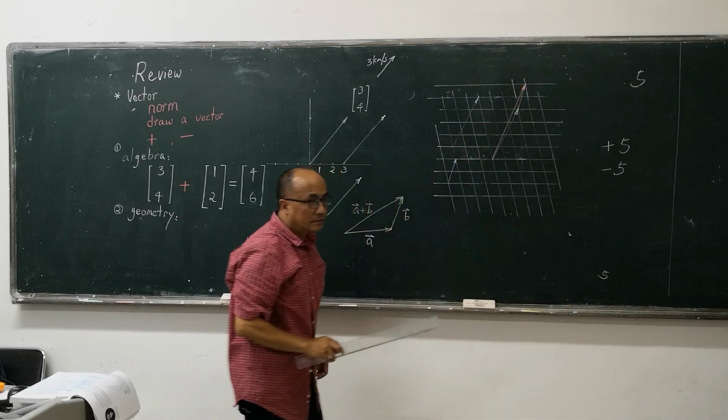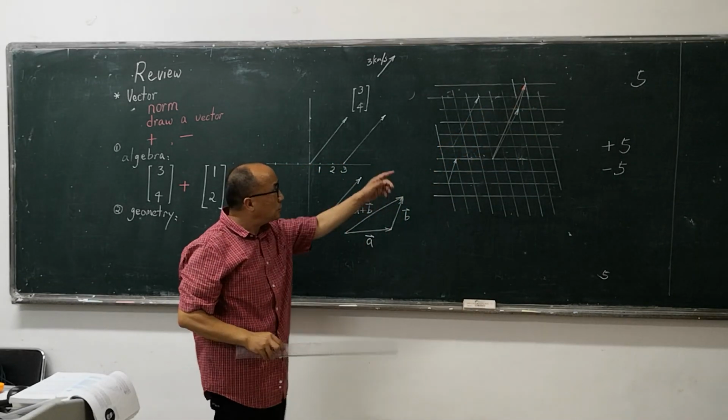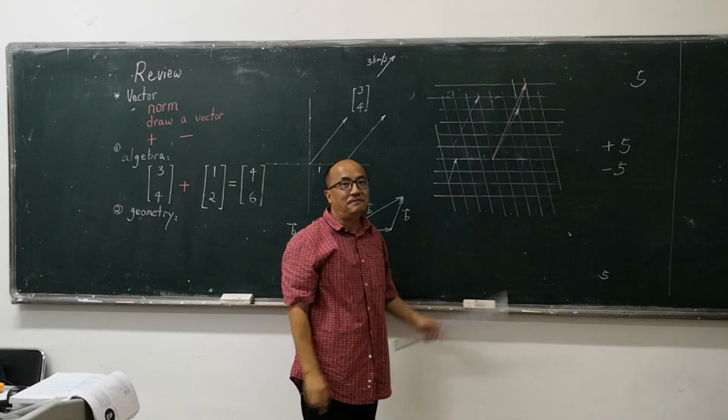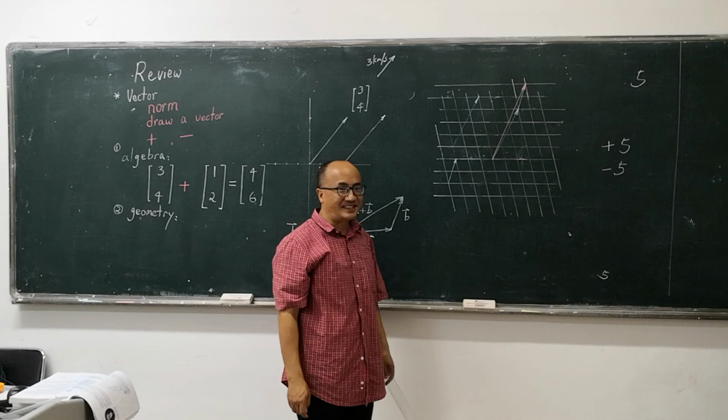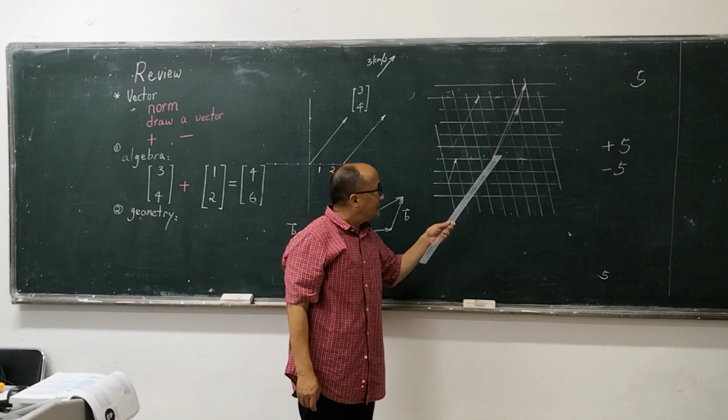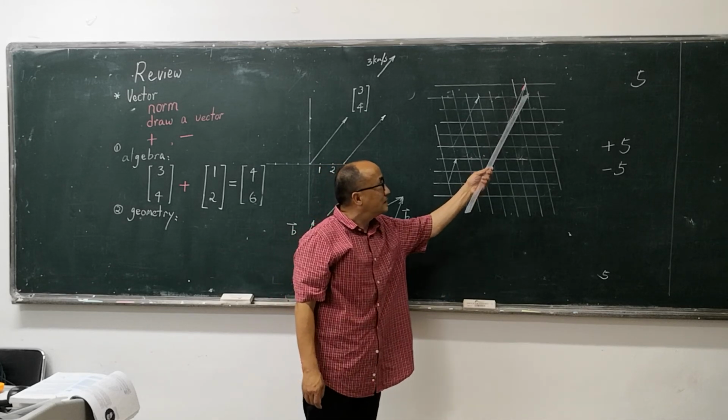Okay, is this the resultant vector? The red one is the result vector. It's this one plus this one.